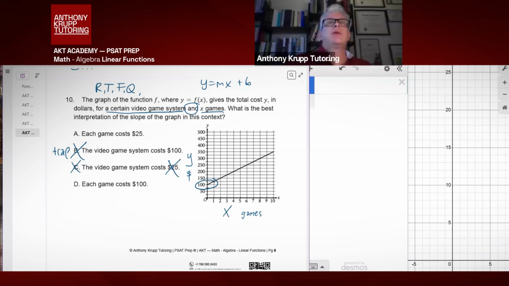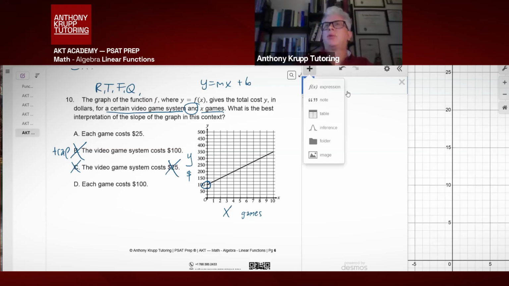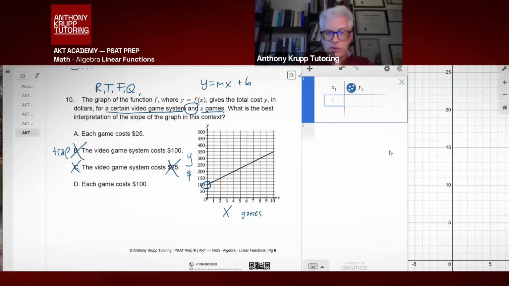Each game. Oh, this is exciting, actually. Okay, good. So to find out what each game costs, we do need to figure out what the slope is, don't we? So if we take this point of 0 and 100, okay, 0 and 100, let's do it. And now I am going to pull this up again, the table. You can probably do this without, but let's just show you how to do this using decimals anyway.